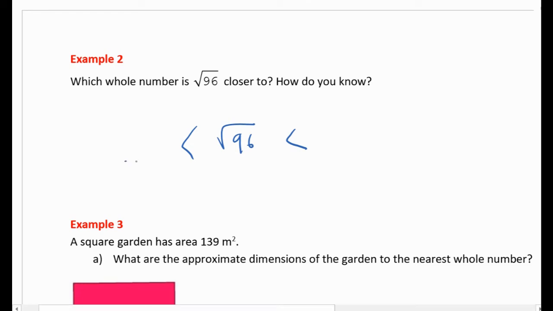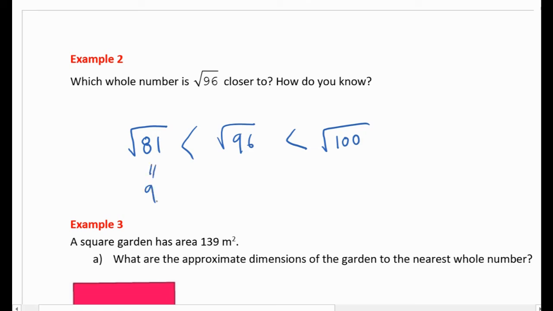So let's find the smaller number first. What is the smaller perfect square? I'm gonna say that's square root of 81. What's the larger perfect square number? That is 100. So 96 is in between square root of 81 and square root of 100.